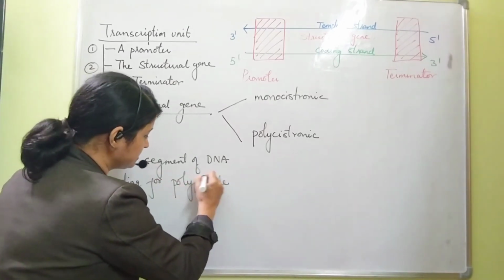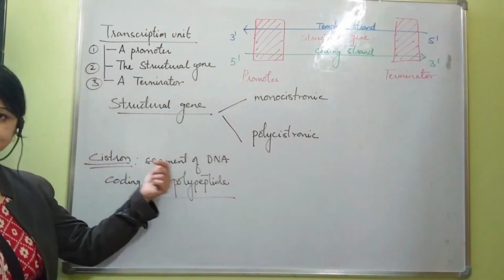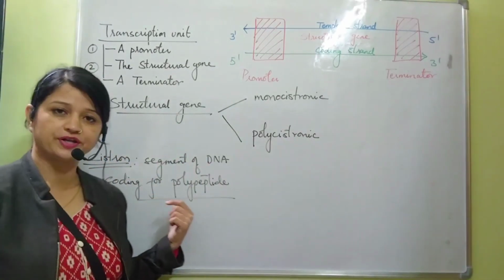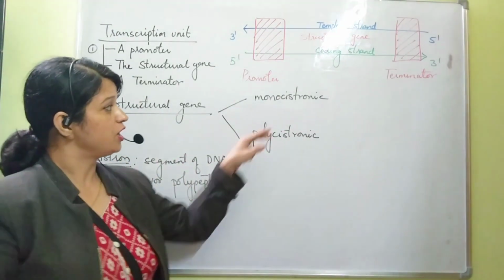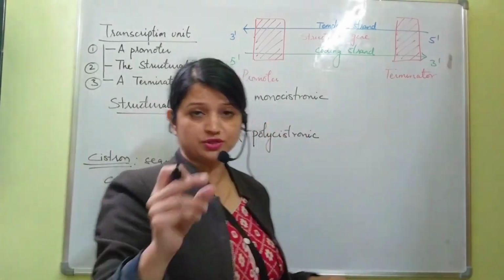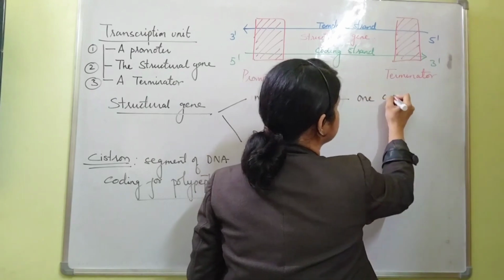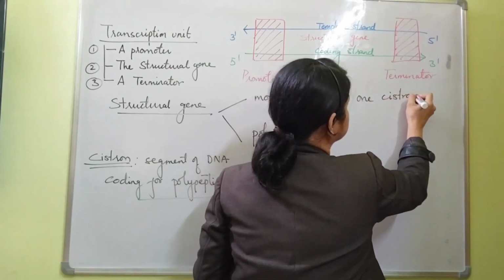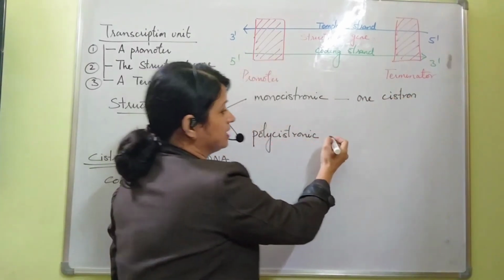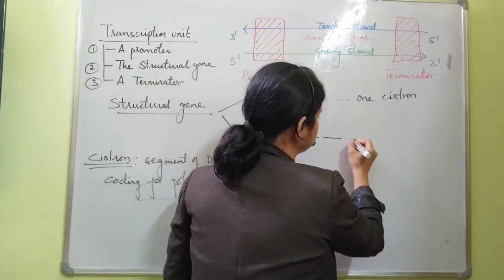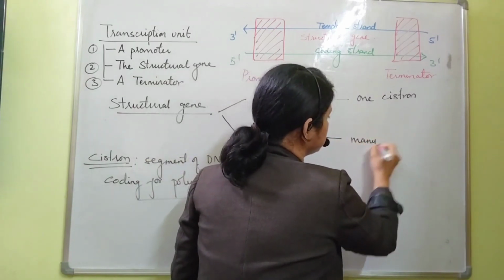Very, very important. What is cistron? It is the segment of DNA which is coding for the polypeptide. Monocistronic structural gene means it contains only 1 cistron. Polycistronic means the structural gene contains many cistrons.